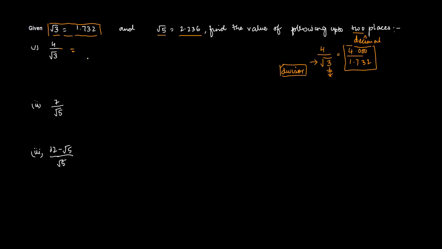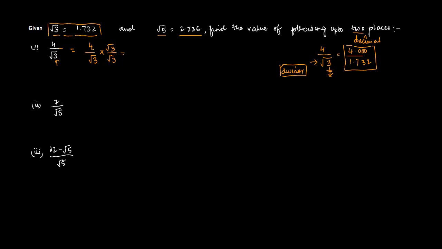If you have seen the previous video, I told you how you can remove the square root from the denominator when it is the only thing. So what we do is 4 divided by root 3 into root 3 upon root 3. Now root 3 upon root 3 is basically 1, and if we multiply this value by 1, the result remains unchanged, right?